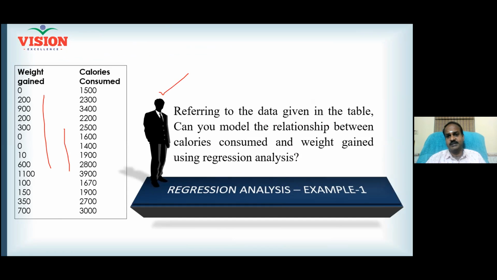He is the person who studied the calorie consumption and weight gain over a period of 3 months or something. So this analysis will be helpful only to understand the particular individual called Mr. X. Can I use this finding for another person? It may not work, isn't it?